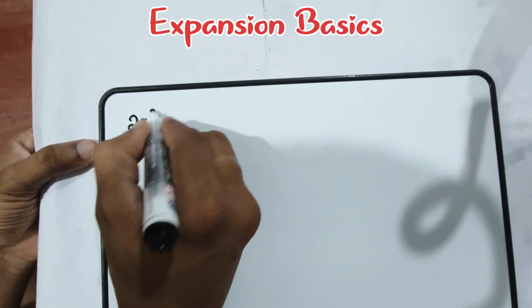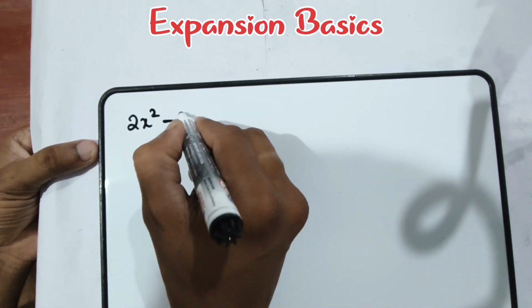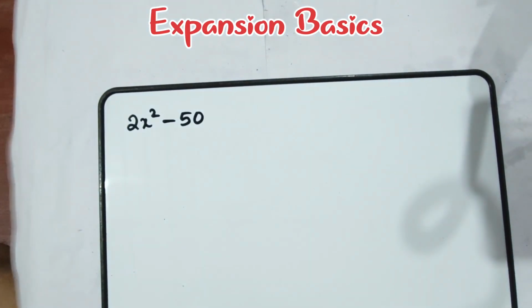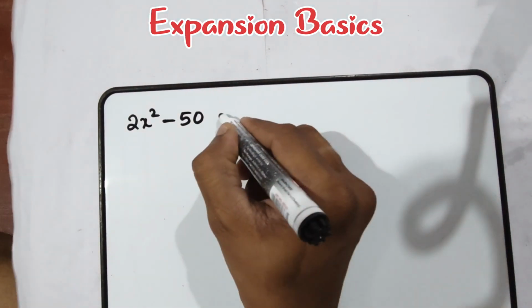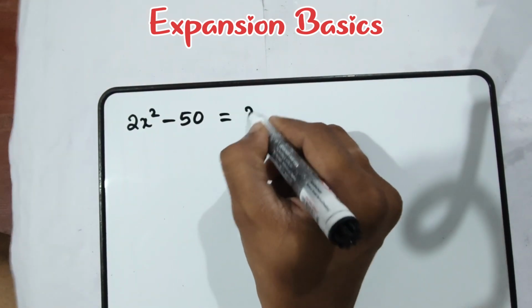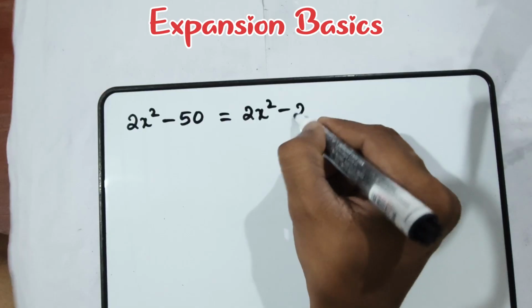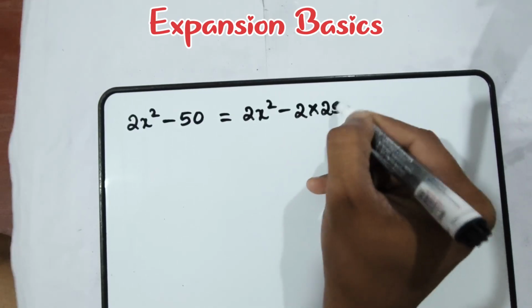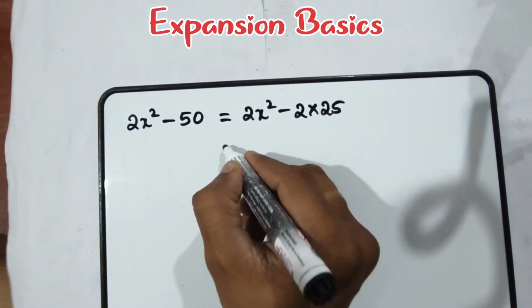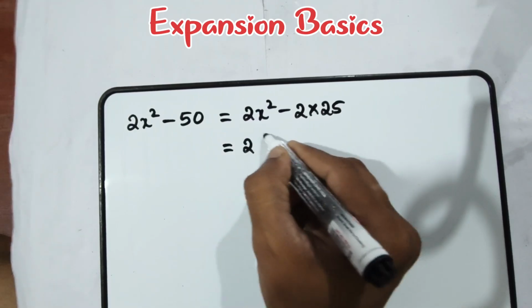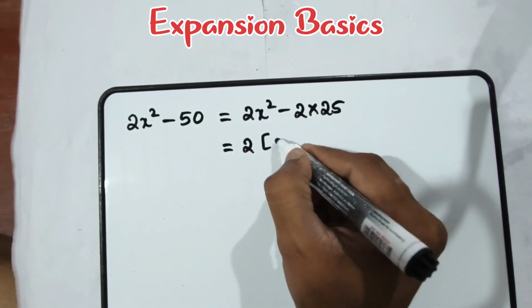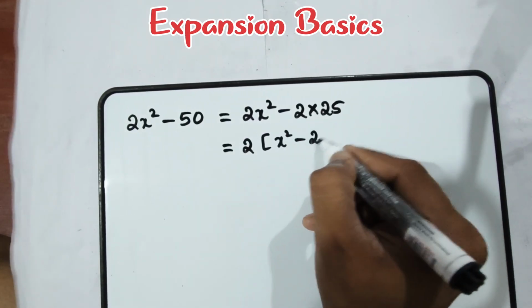These problems are very simple provided you understand the formulas. 2x square minus 50 is a different type of question. Let us rewrite it. 50 can be split as 2 into 25 because 25 2s are 50. Here 2 is common, I'll take it as common: 2 bracket x square minus 25.